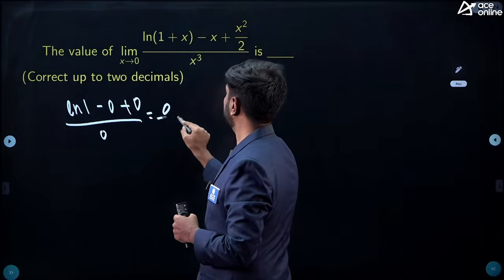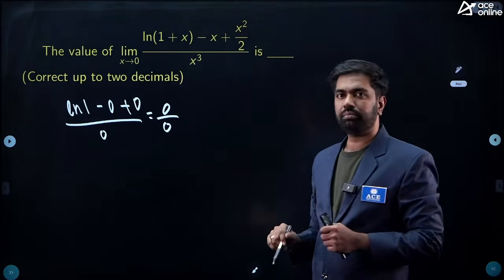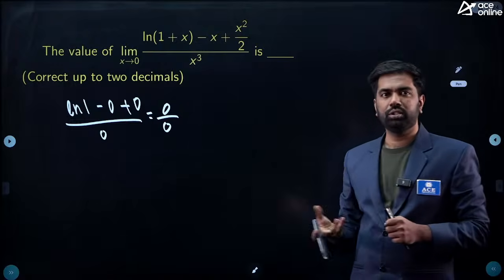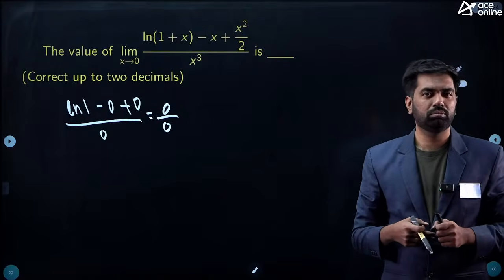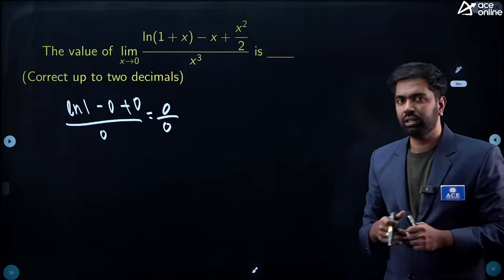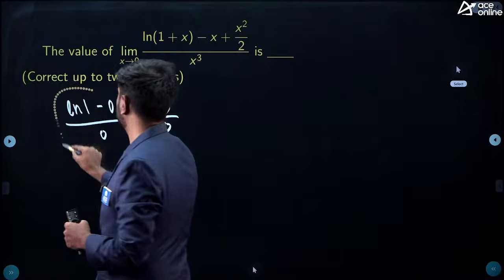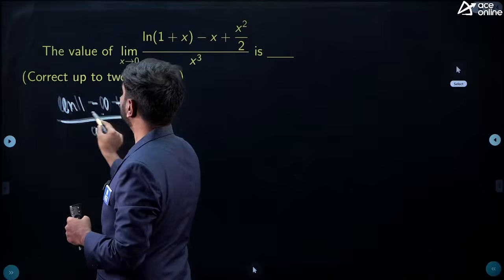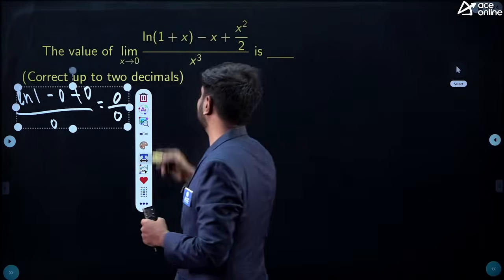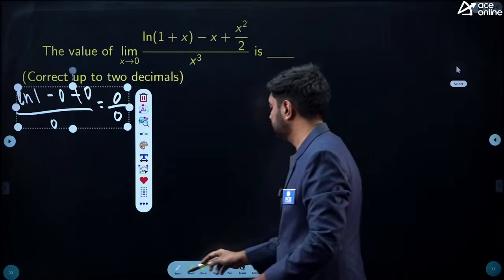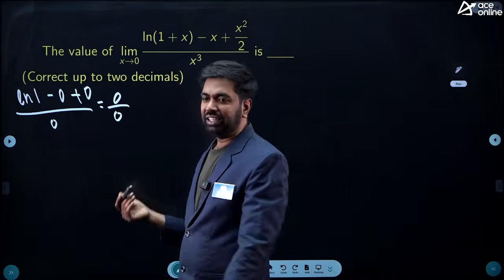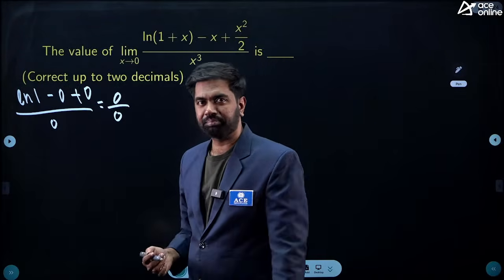So this is 0 by 0 form. And you know what to do next. You will use L'Hospital rule and then try to simplify it. That is one way. The other way is for those who know the Taylor series expansion of log 1 plus x. Those who know it might save some time.